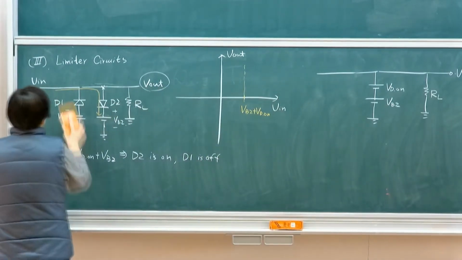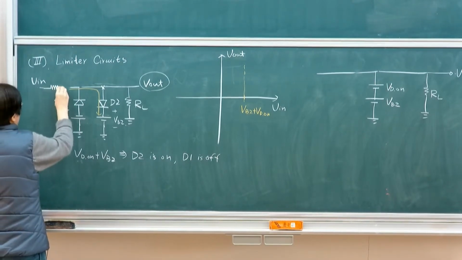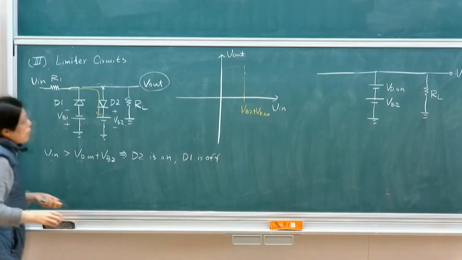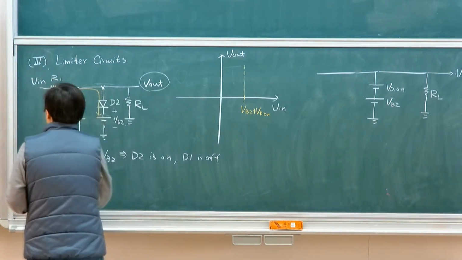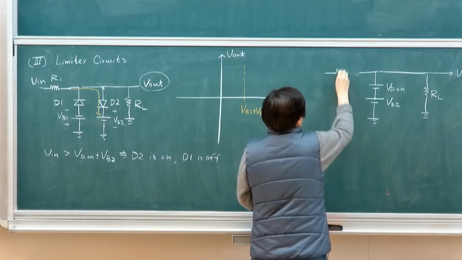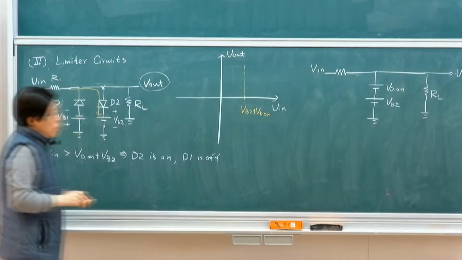Oh, I forgot, I should add a resistor to take on this bias. I missed that resistor. Okay, so this will be your V in.